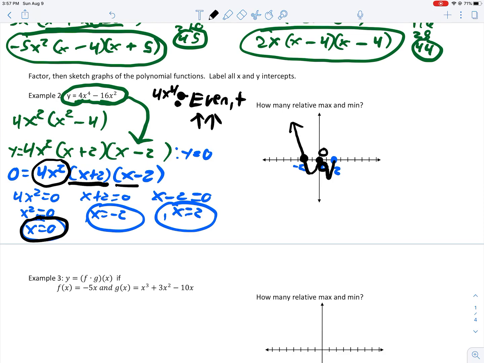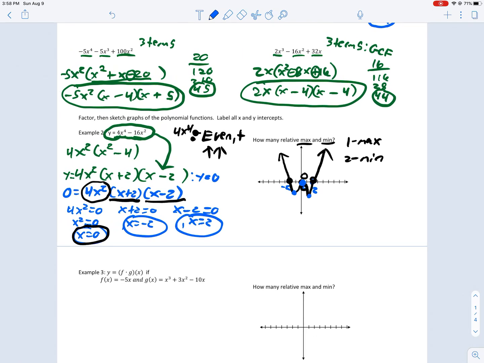What happens at 2? It passes through because it only occurs one time, and I end high. Perfect. How many max or mins do I have? Well, I have 1 max, right, at 0, and 2 mins. Right? Minimum, minimum, maximum. So 1 max, 2 minimums.